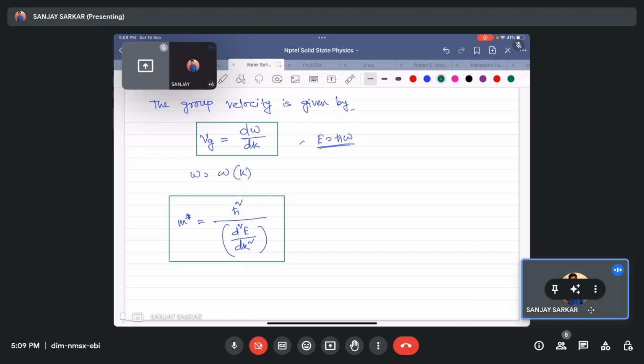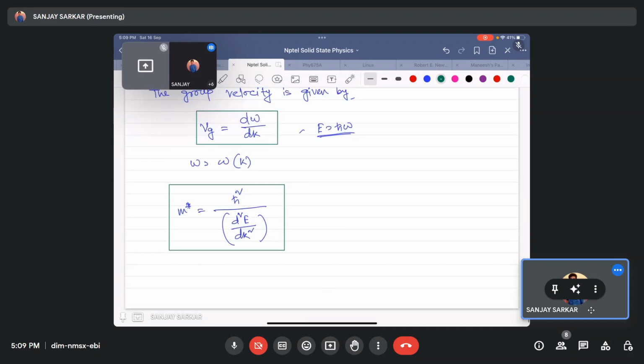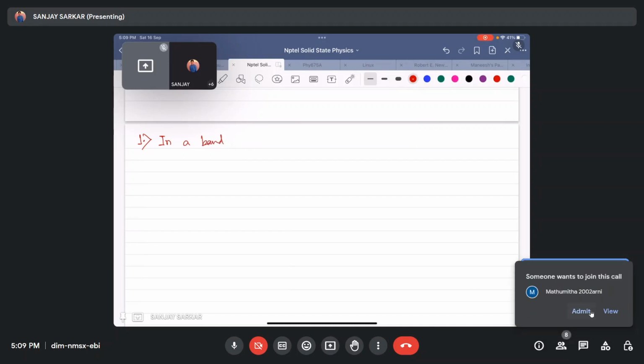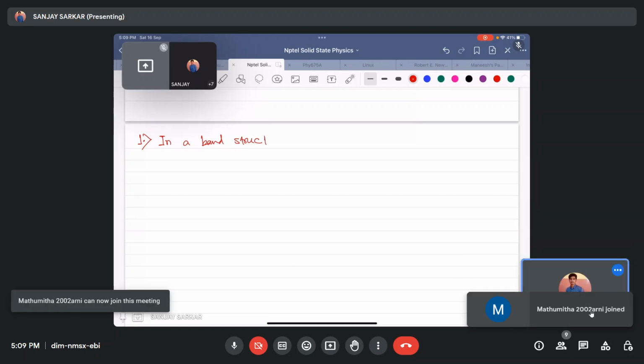So the first problem is from a previous year's NET question. Let me write down the problem first. In this question you need to find the effective mass of the electron in a band structure calculation.